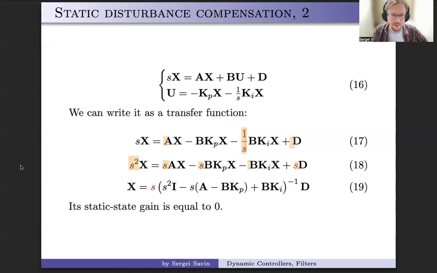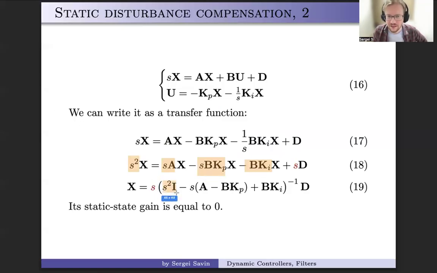Now, next step, we combine everything in front of X. So it'll be, let me put it like this. S squared minus SA plus SBKP plus BKI. All of this is going to be on the left-hand side, right?